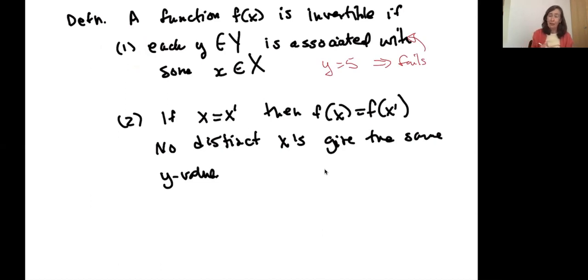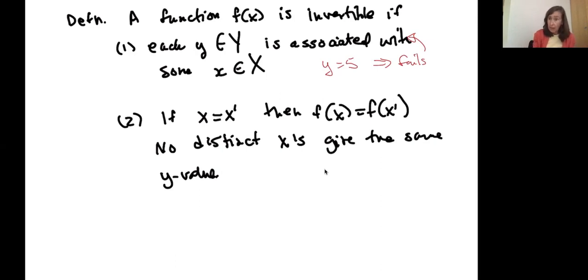No matter what x we give it, we can say x equals 1, y equals 5, x equals 3 million, y equals 5, x equals negative 8,000, y still equals 5. It is giving an answer for every x, and it is only giving one answer. It is in fact giving the same answer over and over again. So y equals 5 is a function, but it's not invertible because all of the other real numbers in the domain are not used. Okay, there's no x that gives us 4 or 3.29 or anything like that.